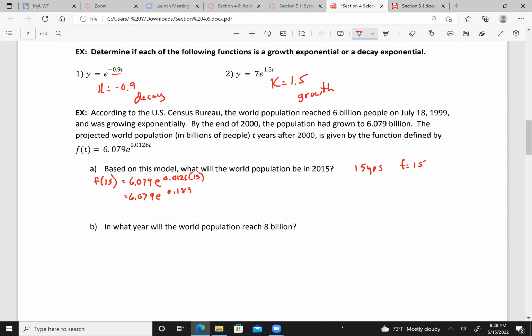So e to the 0.189 times 6.079 gives me 7.343. I get 37 because I didn't round previously. Billion.